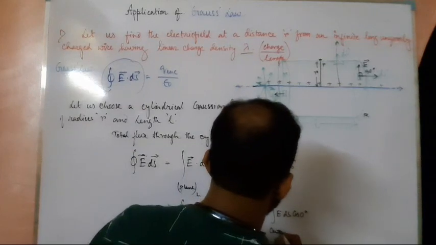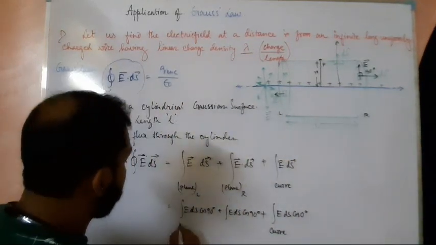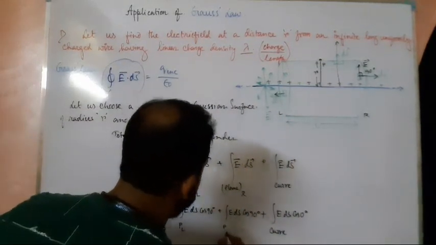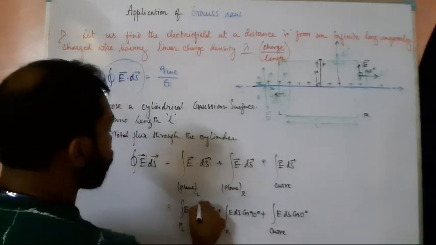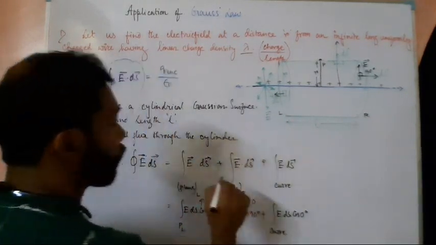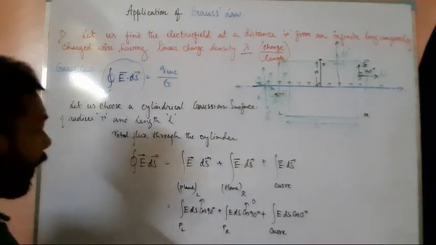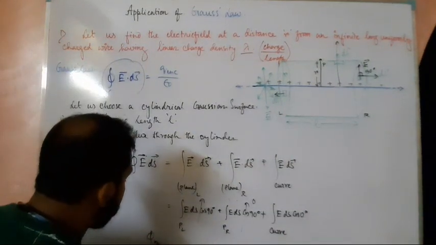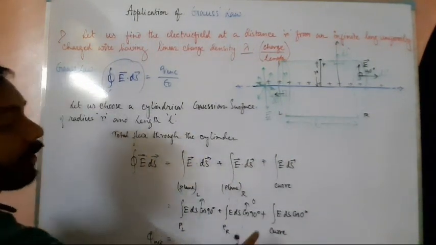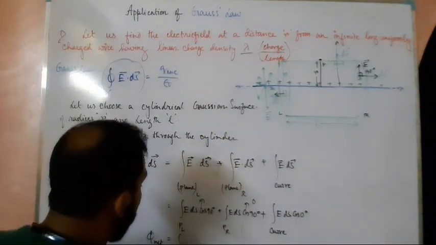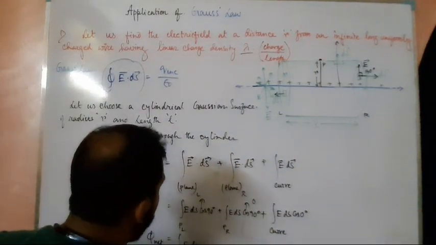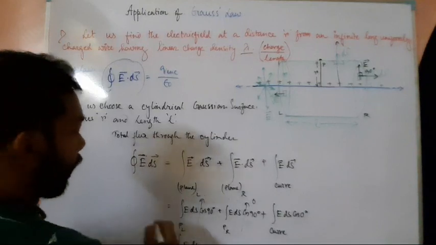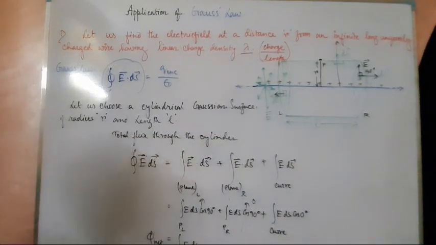This is for the curved surface, and this for the plane surfaces, left and right. These two become 0 since cos 90 is 0, and the total flux we get is E ds cos 0, meaning E ds. So the total flux is E ds.